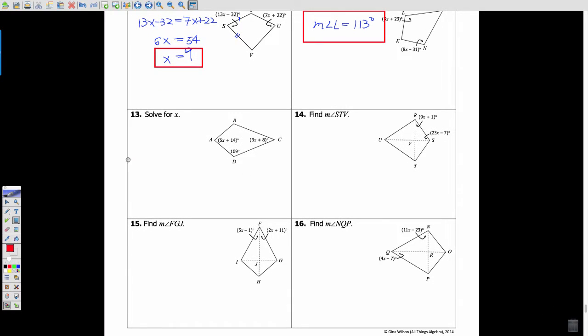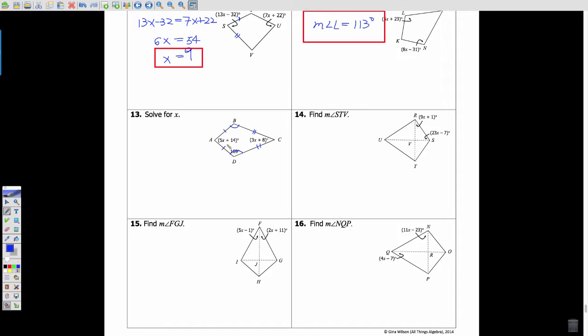Let's look at the last four. This one I'm asked to solve for x, and x is here. Let's see, what do I know? I know that these two angles do not equal each other because they're sandwiched by two congruent sides, right? It's angle B and angle D that are congruent to each other.